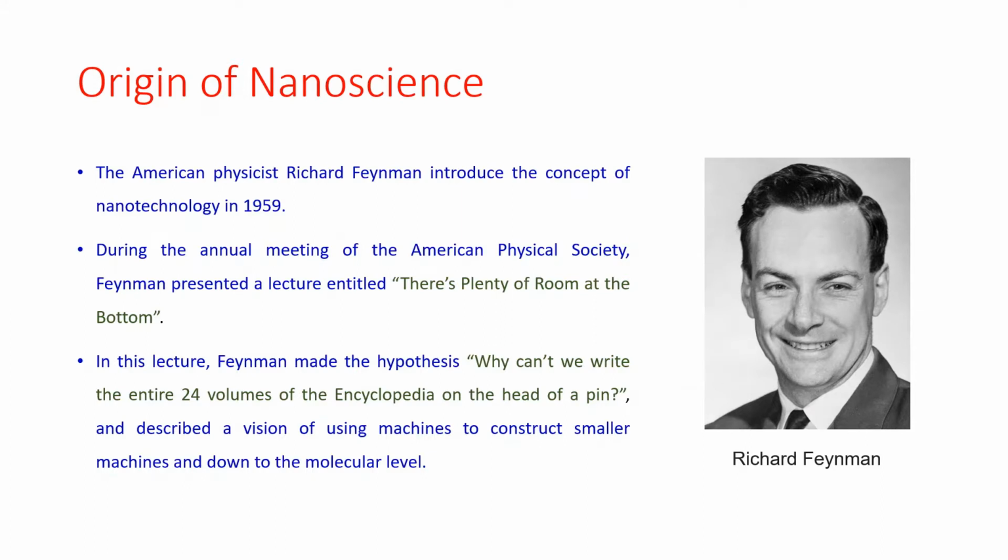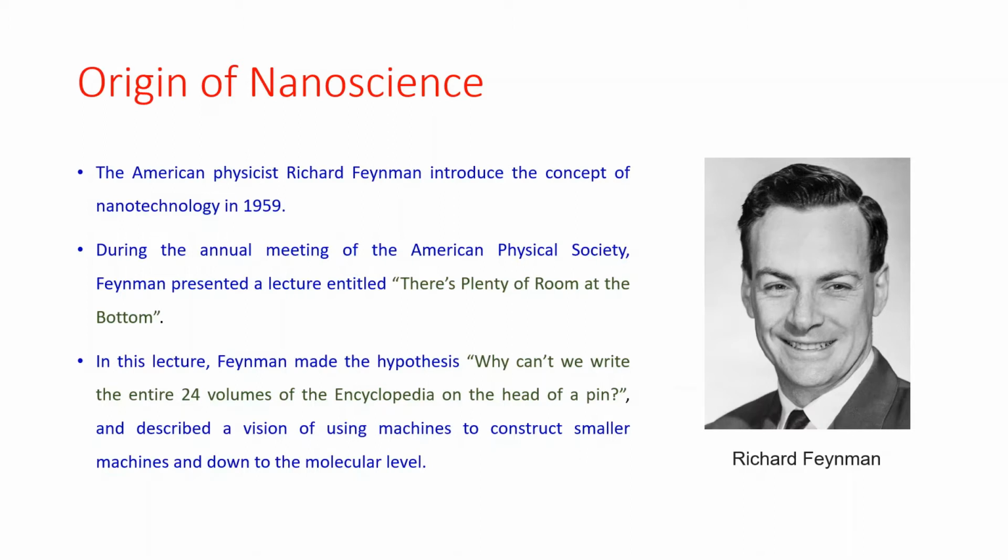The American physicist Richard Feynman introduced the concept of nanotechnology in 1959. During the annual meeting of the American Physical Society, Feynman presented a lecture entitled "There is plenty of room at the bottom." In this lecture, Feynman made the hypothesis: why can't we write the entire 24 volumes of the encyclopedia on the head of a pin?